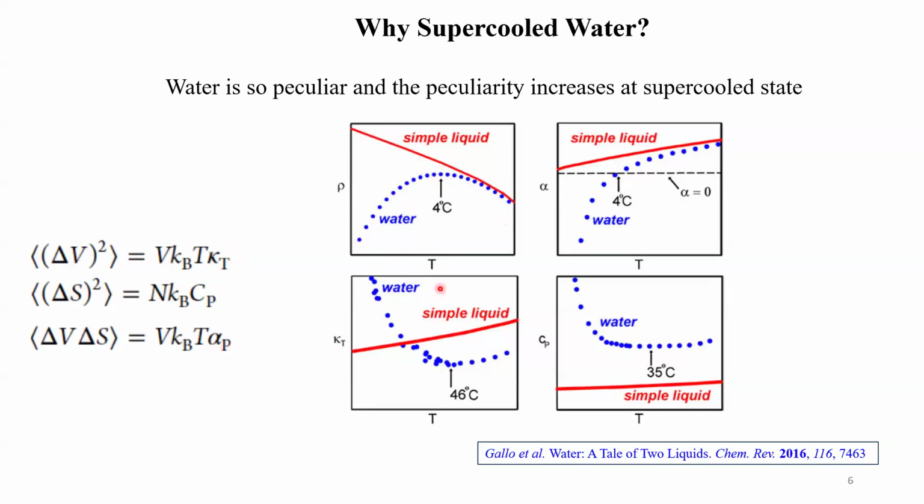And you can see here, when something is increasing, that means the fluctuations are increasing. So something is happening as we decrease the temperature below a certain point, such that the fluctuation increases, which should not be the case for a simple liquid, because with decreasing temperature, fluctuations should decrease.